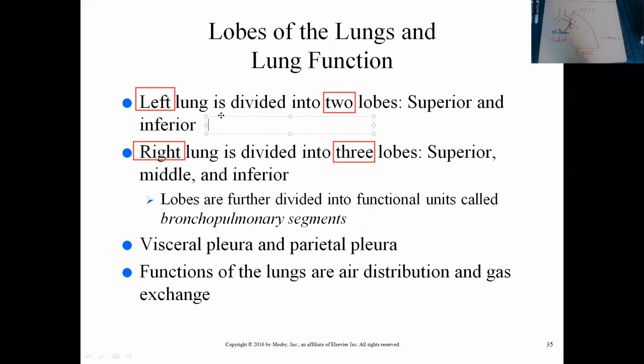The reason the left has only 2 lobes is because the heart is positioned slightly to the left of center. So the heart is pushing a little bit on the left lung, so the left lung has a bit less room. Hence, it only has 2 lobes, not 3.